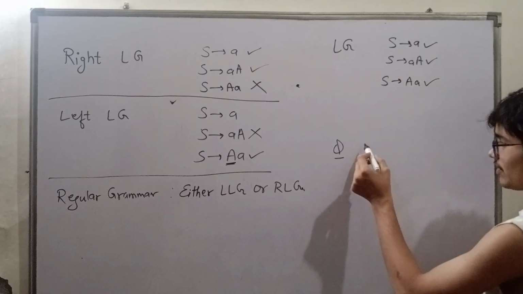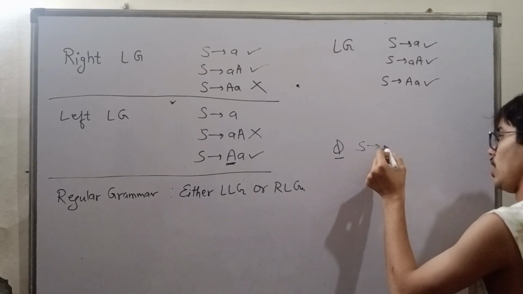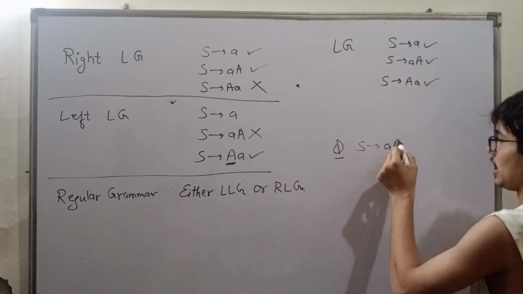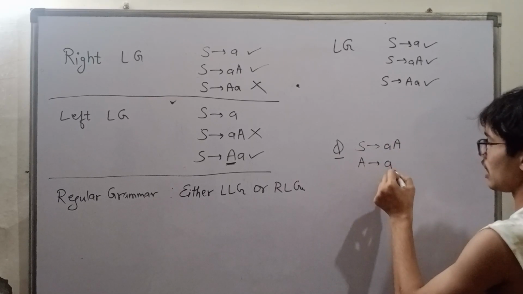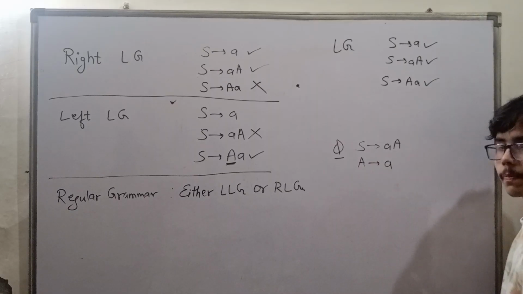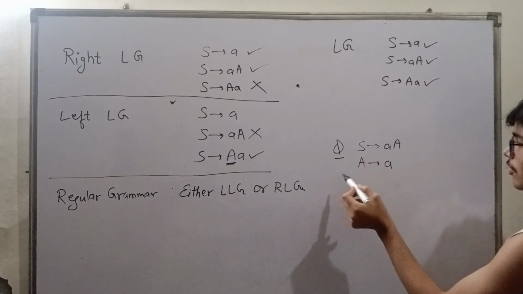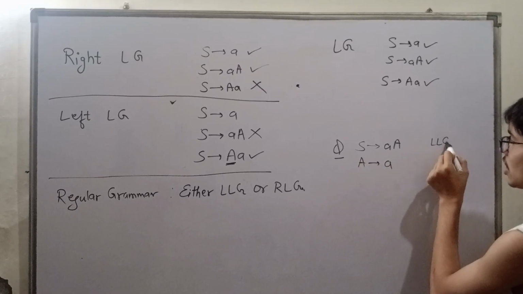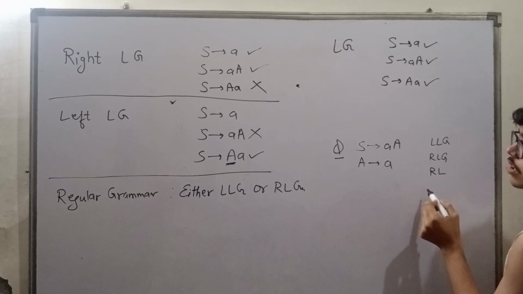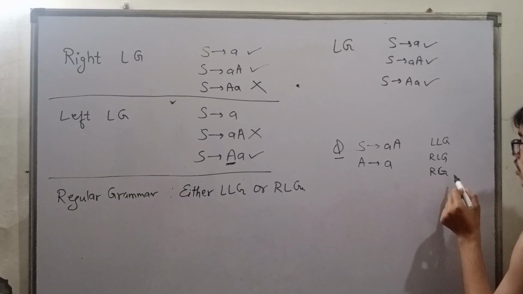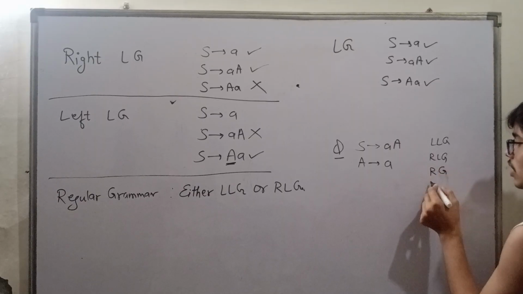Let's suppose we take an example, S→a. I want to ask you: is this left linear grammar, right linear grammar, regular grammar, or linear grammar?